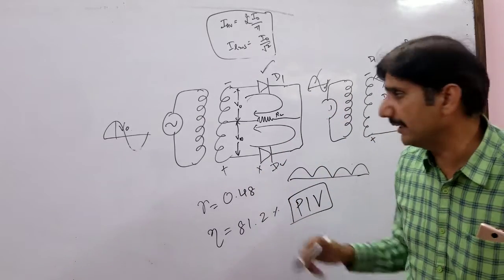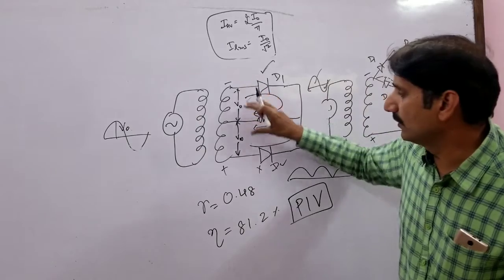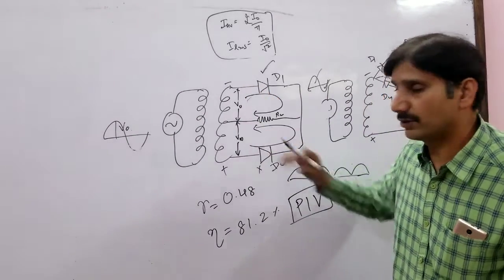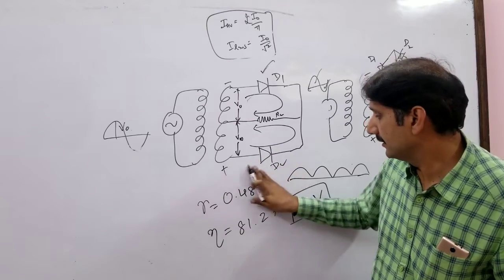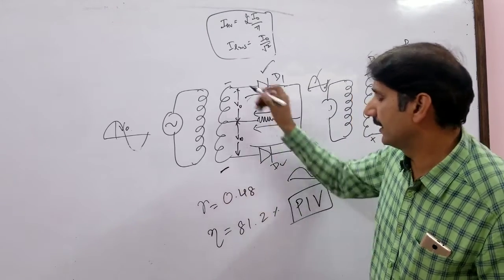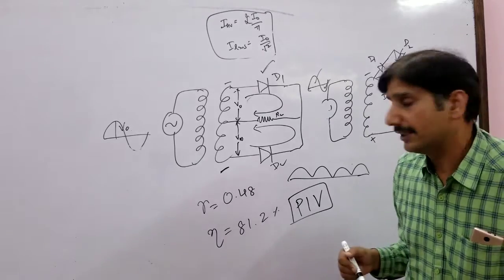And what factor will it depend on? If this is V0, the total voltage is 2V0 over here. Let me clean it up a bit.